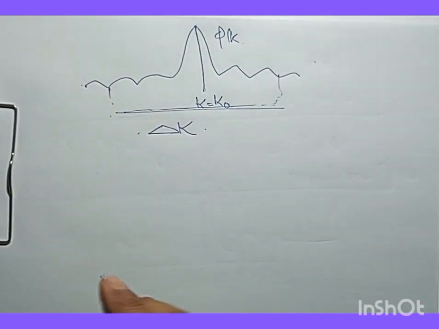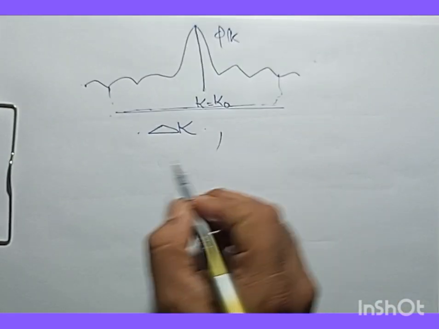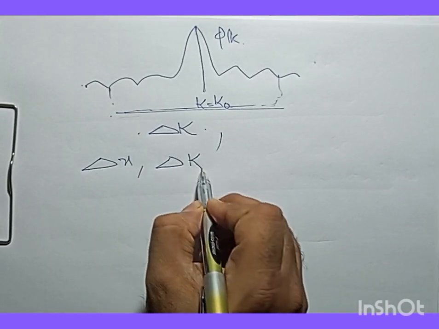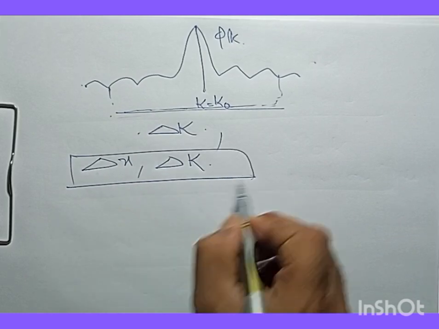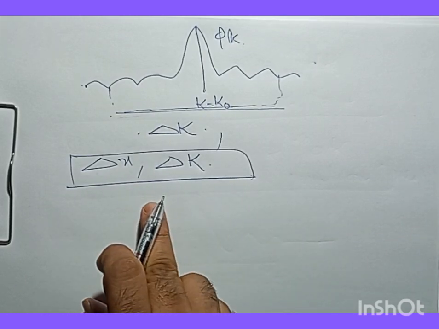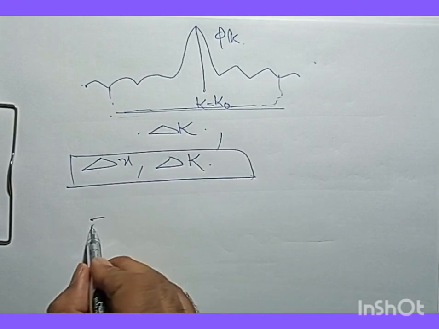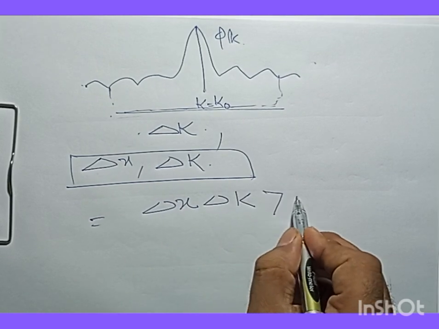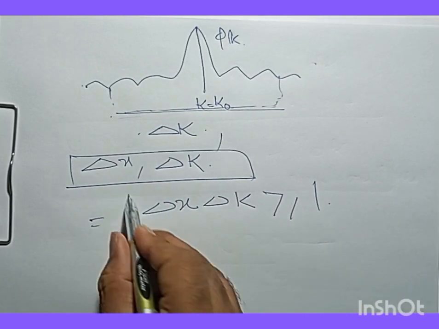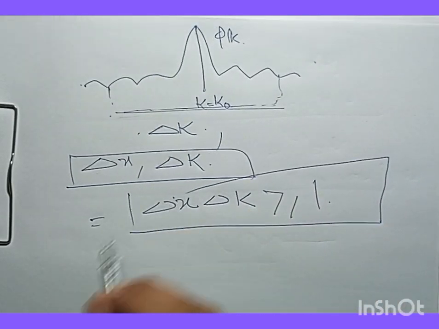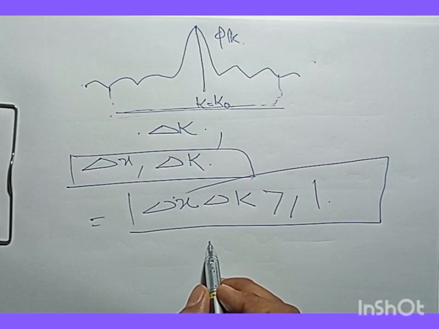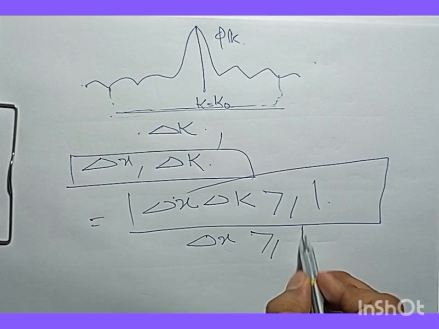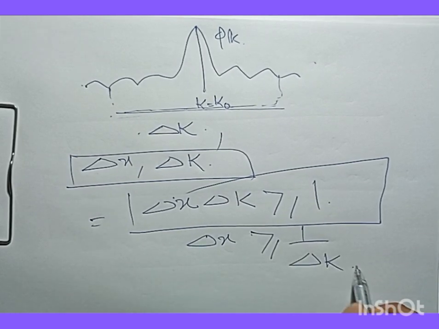And what we have here is two terms: one is delta x and another is delta k. And we have a relation between delta k and delta x. That relation is that the product of delta x and delta k is greater than or equal to 1. Now, if this is the case, we can write delta x as greater than or equal to 1 by delta k.